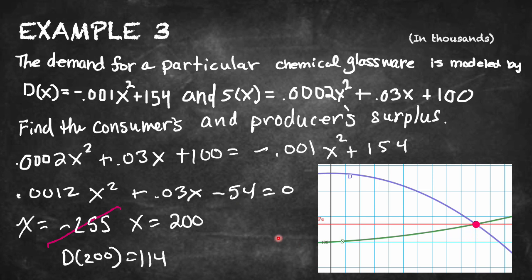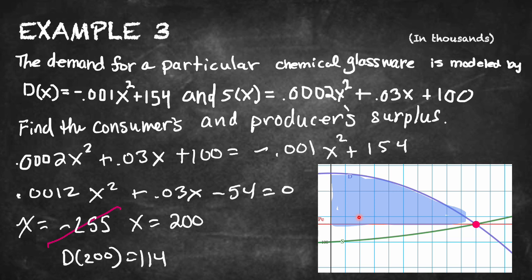Now, when we look for the consumer surplus, that's going to be this area here highlighted in blue. That's the area trapped between the demand curve and the price. That's because we're looking for the difference between what the customer is willing to pay versus what they actually paid. And that extra difference is a benefit to the consumer.